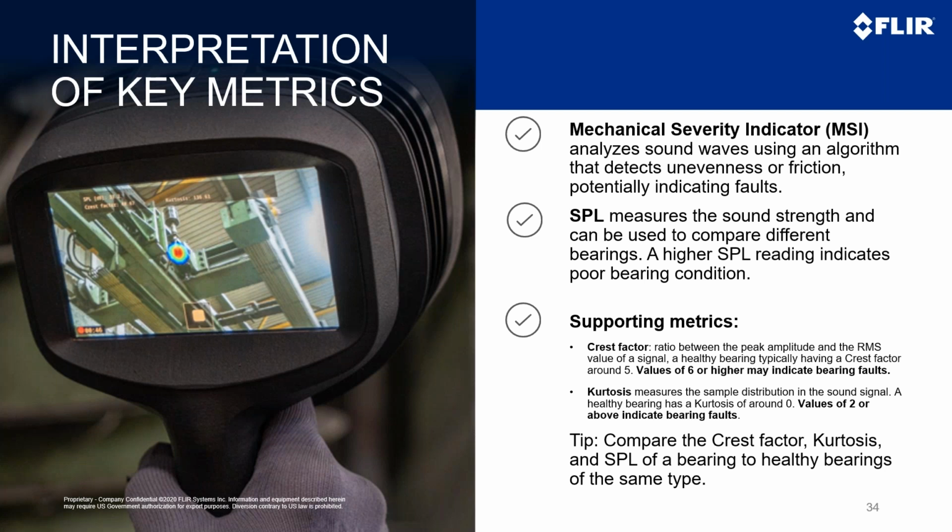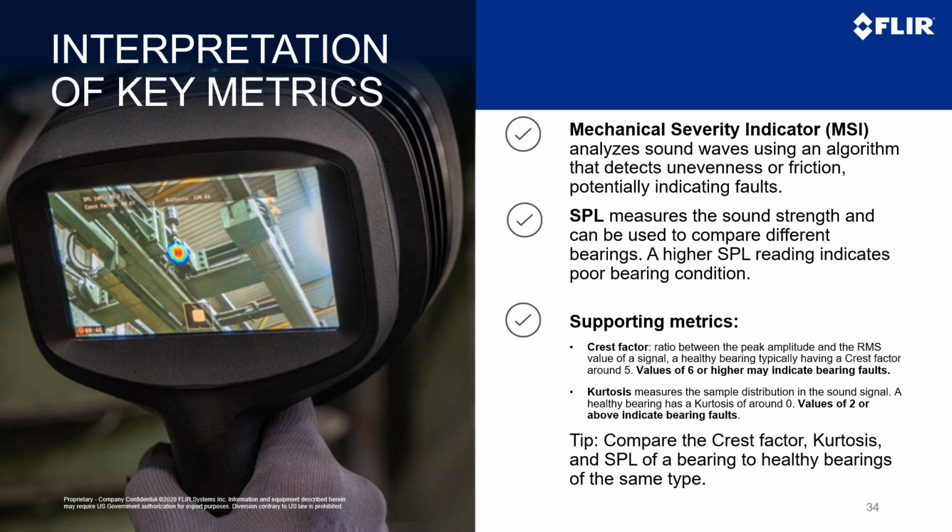Of course, we know that for mechanical failure, there is more information to take into account, because most of the time we are comparing between different elements. So it's very important that you use a comparison method and compare components in good condition versus components that are presenting a fault.